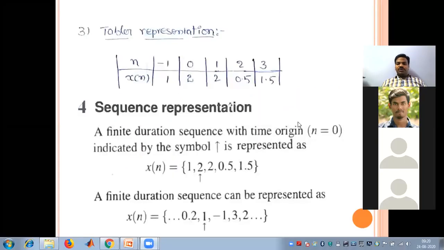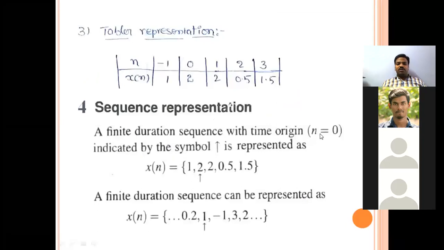So now see here, sequential representation. A finite duration sequence with the time origin n is equal to 0 is indicated by the symbol arrow. Just now I told you that whenever we represent an arrow in the sequential representation, that is the starting point, n is equal to 0. So a finite sequence can also be represented like this.